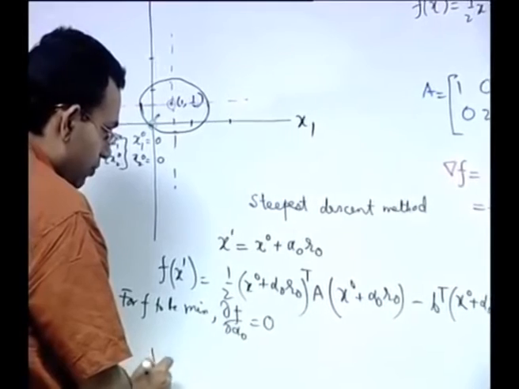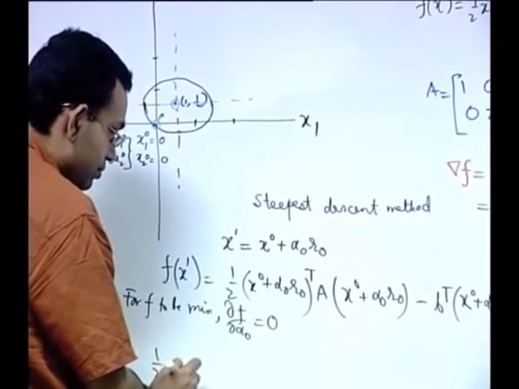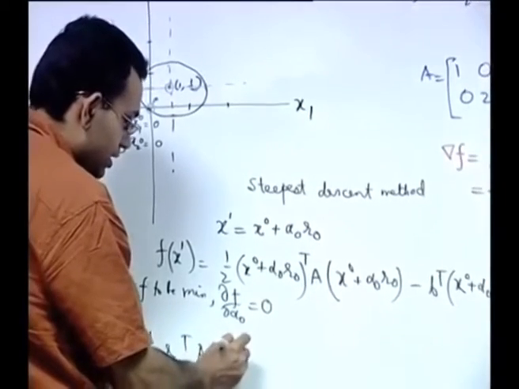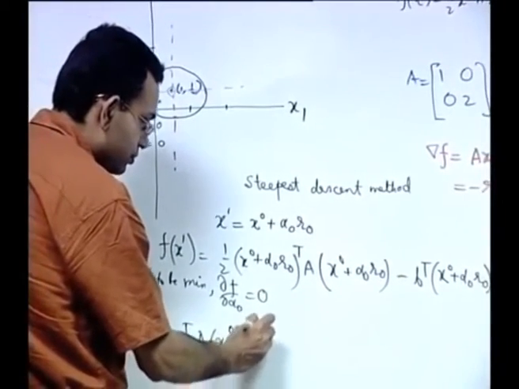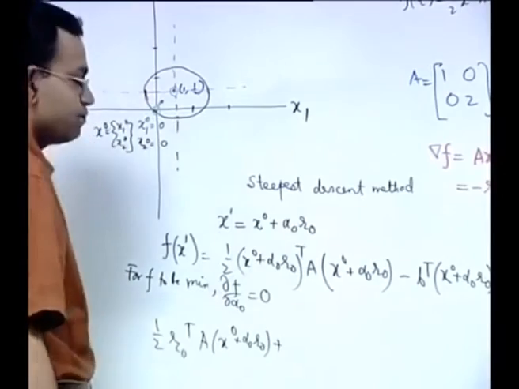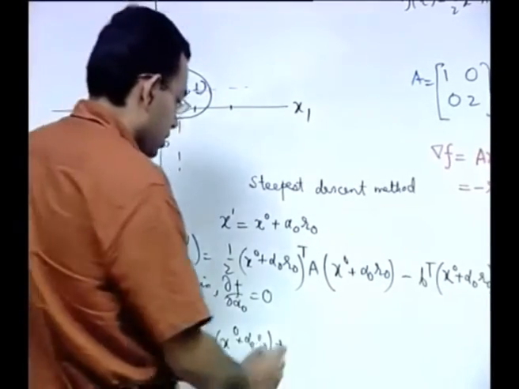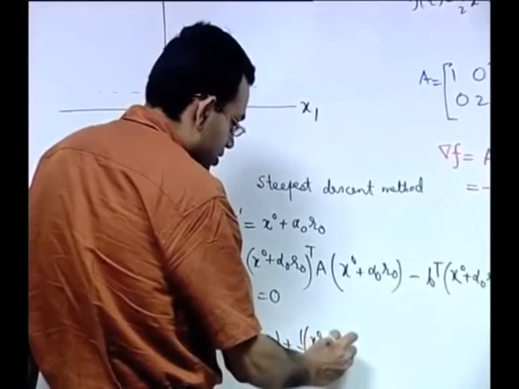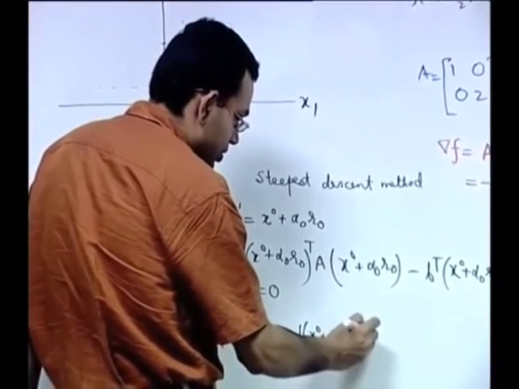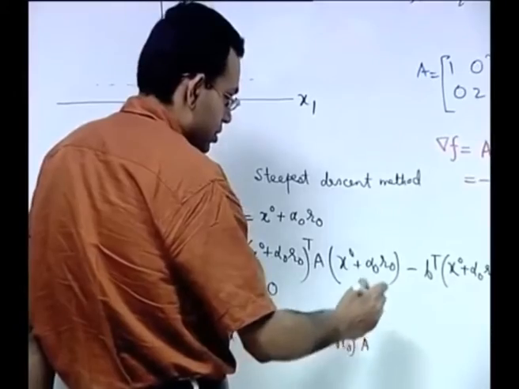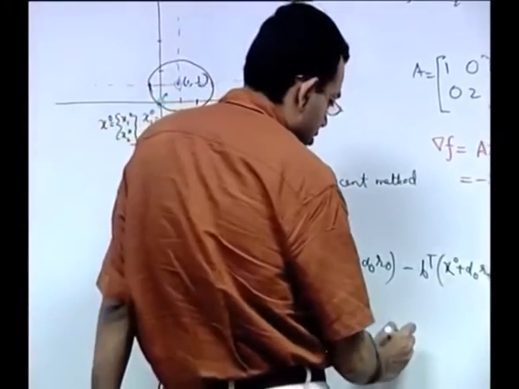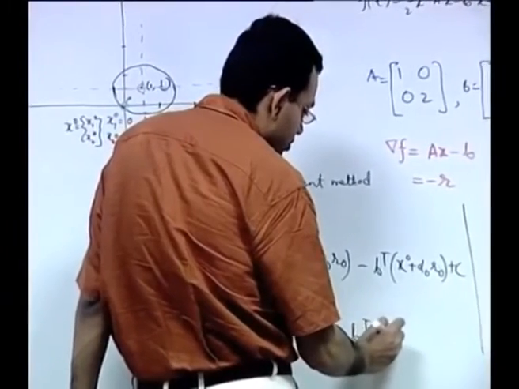So we have half of r0 transpose A (x0 plus alpha 0 r0) plus half of (x0 plus alpha 0 r0) transpose A r0 minus b transpose r0 equal to 0.